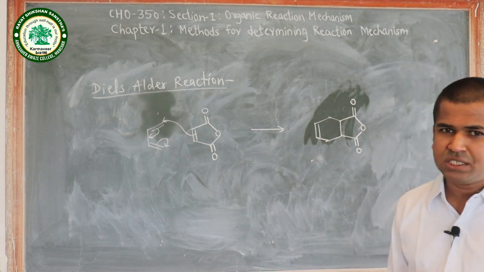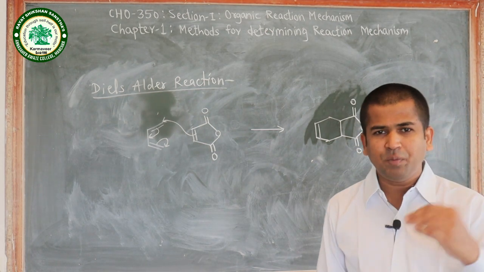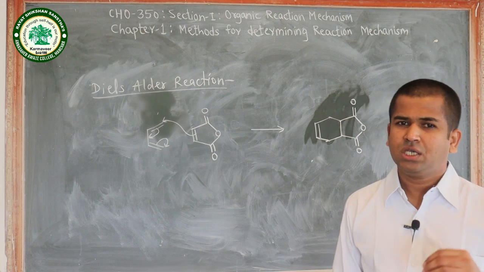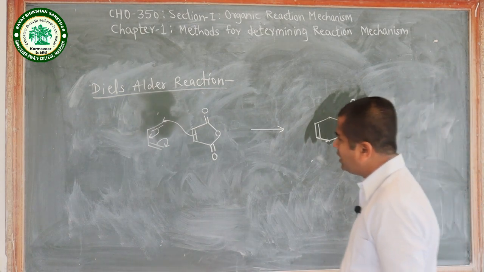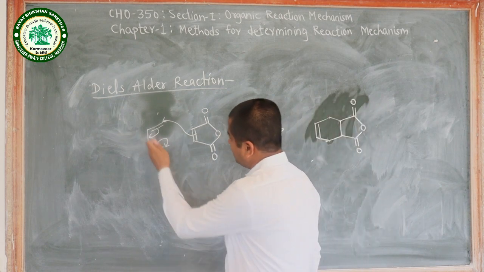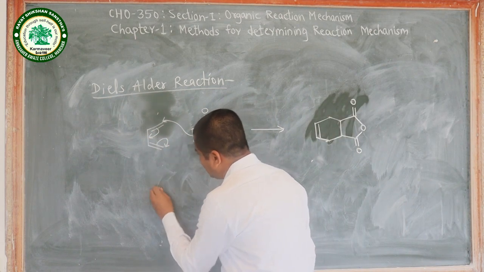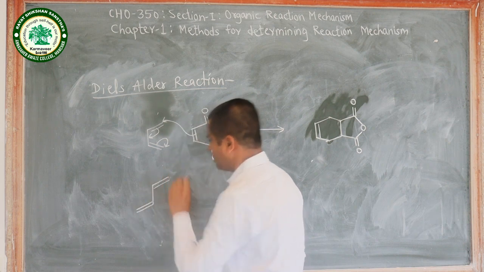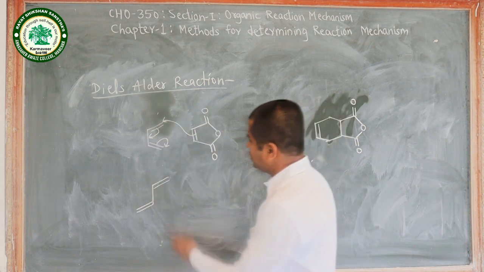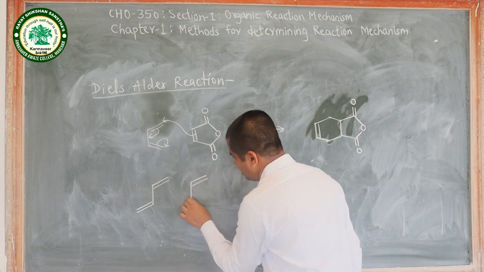In such reactions, the entropy of activation is decreased. Here you can see the butadiene. We know that butadiene has a conformation like this, and also like this.